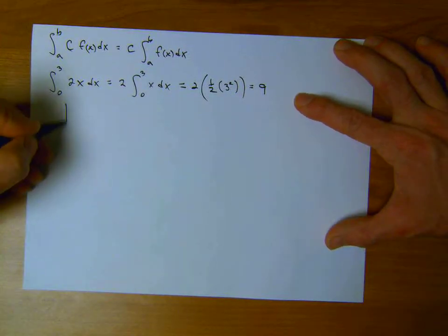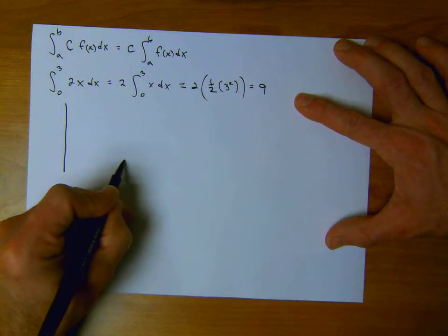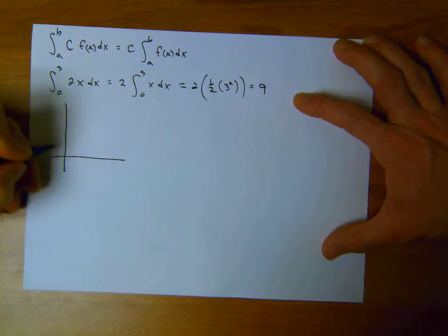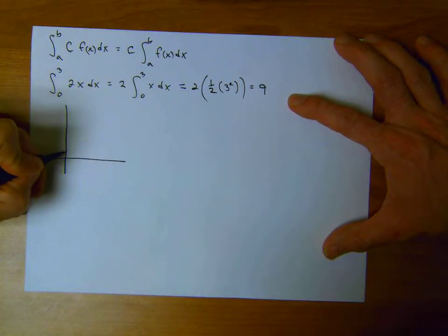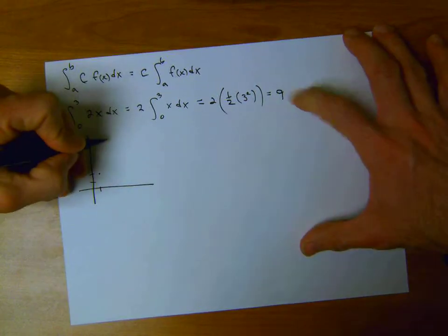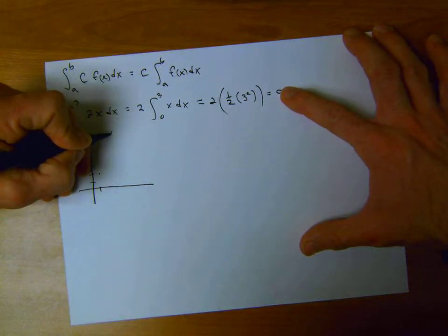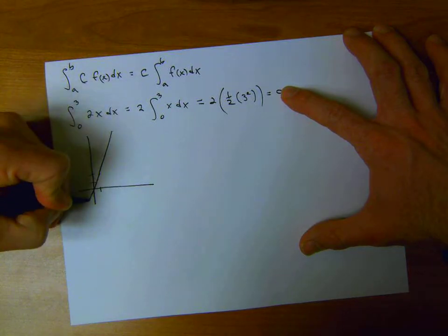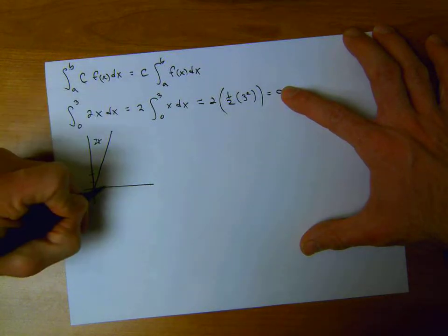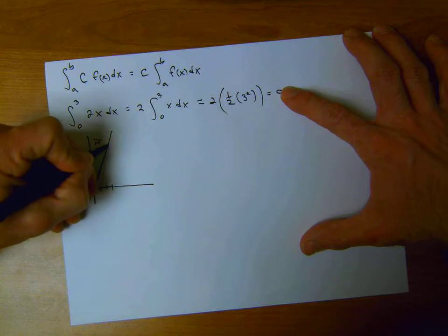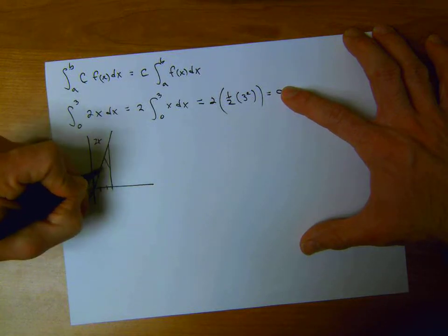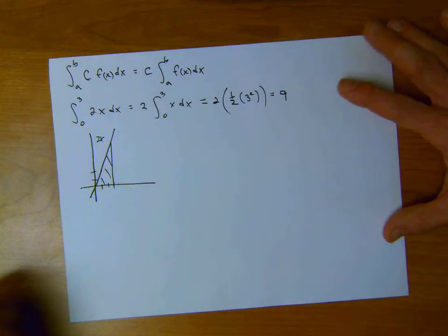Graphically, what we have going on, if we do 2x, right, so we could say we're up 2 over 1, so our graph here would look something like this. This is 2x, and if we go out to 3, then that area is 9, all right?